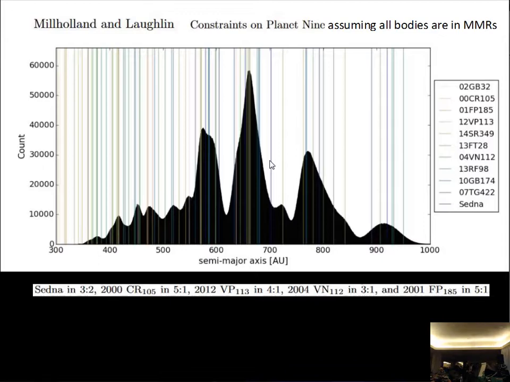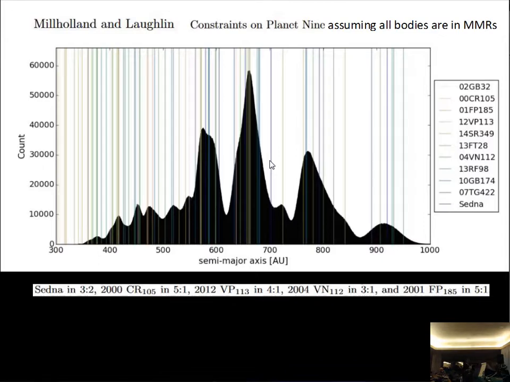So what they did is a very sophisticated statistical study where they sampled the PDF of each of these long period TNOs, and they tried to find where is the planet that maximizes the number of samples in the PDF of all the TNOs in resonance.